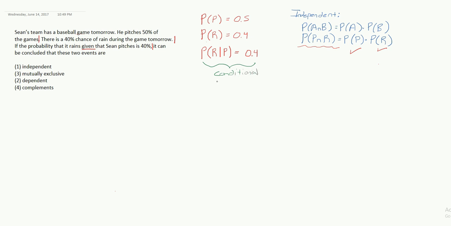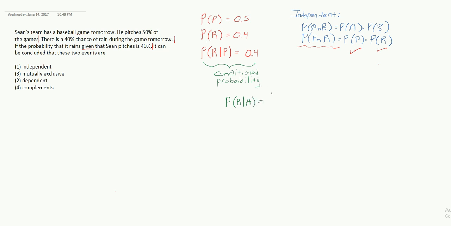So conditional probability, and there is this formula that describes every situation that has conditional probability in it. It's the probability of B, event B, given that A has already occurred or is occurring.